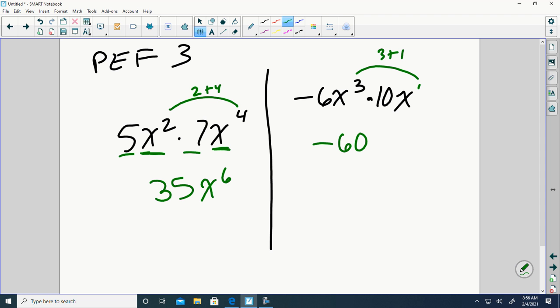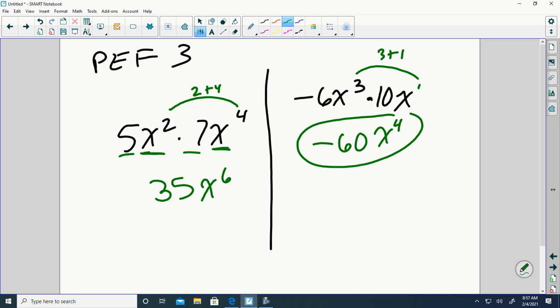Add those exponents together because we're multiplying. Problem's done. Seem okay? Can I get on to the next page? No, they were just two different problems. Yeah, just two different problems.